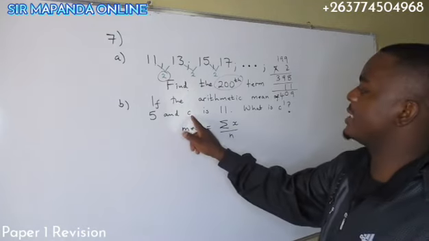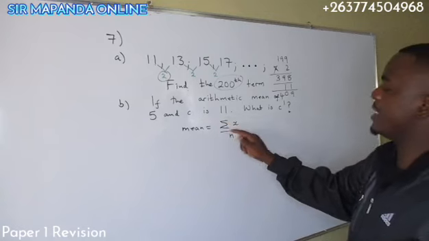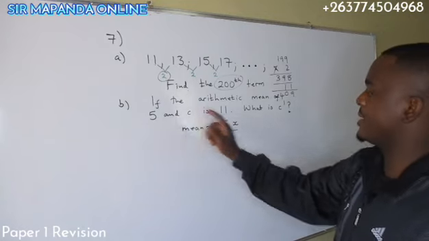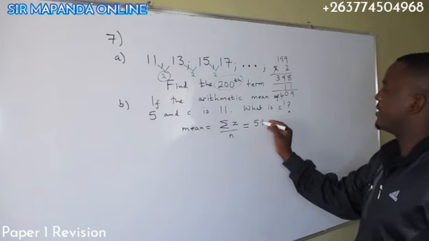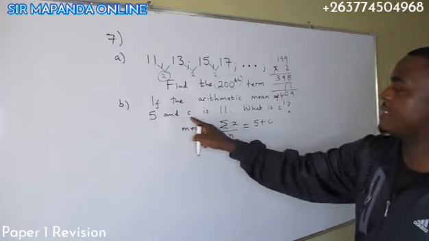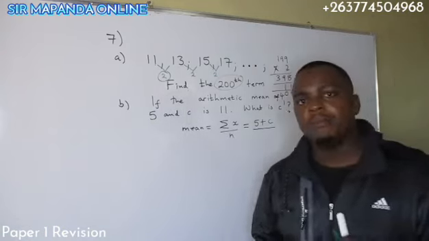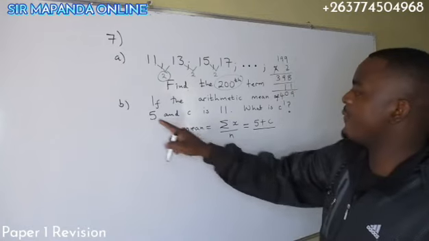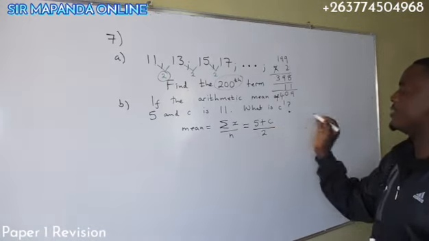Like 5 and C, they are represented by x, right? Then this summation means you are going to add 5 and C. So on summation of x, I'm going to write 5 plus C, which is the sum of x quantities. Then you divide by n. N represents the number of quantities. So 5 and C are 2 quantities. So I'm going to divide by 2.